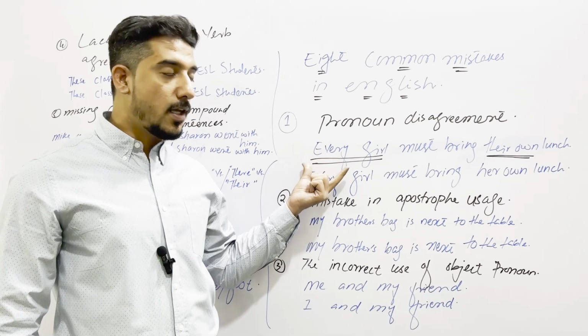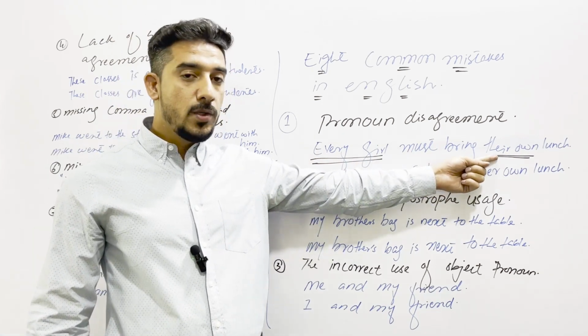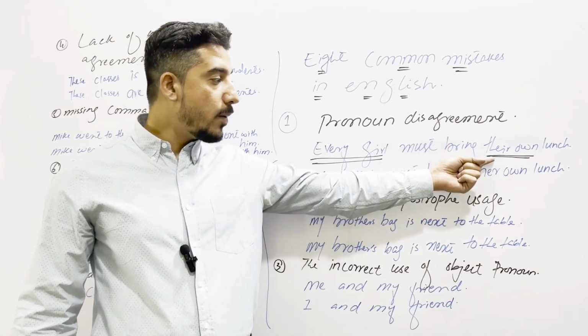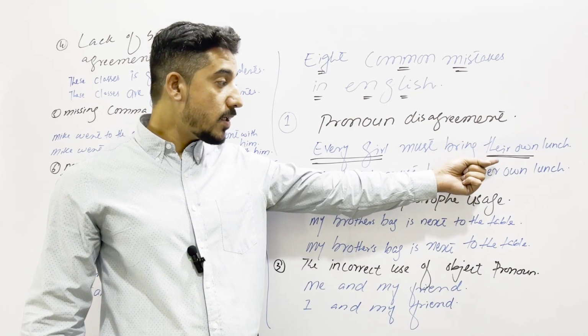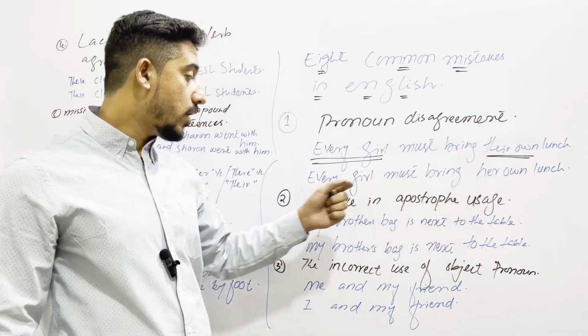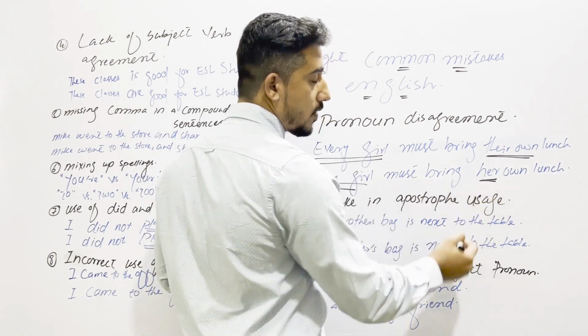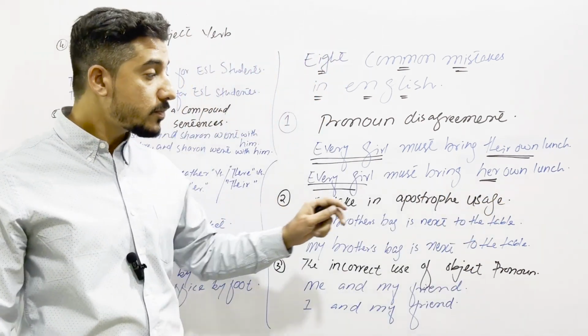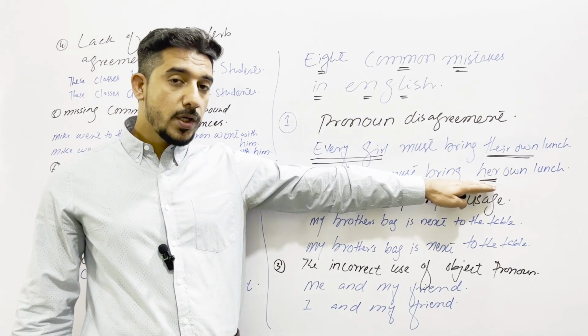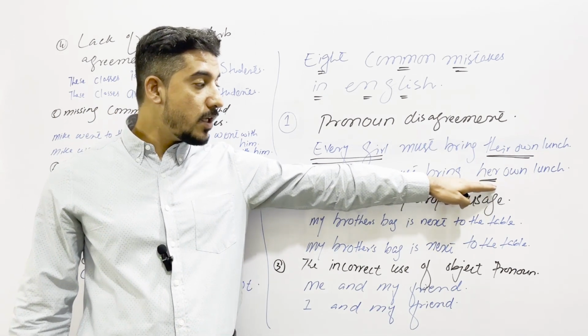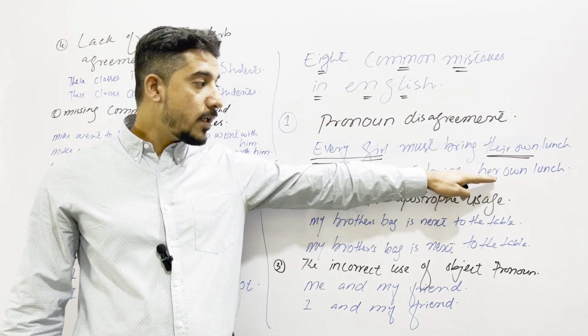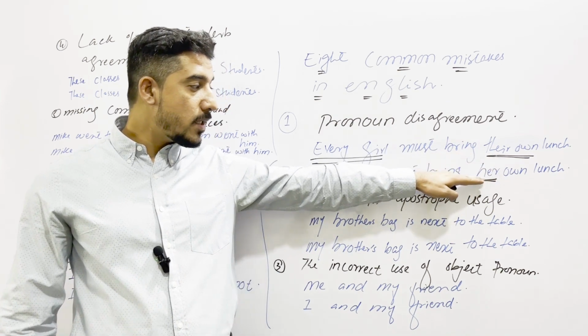Every girl is singular, here it is plural, so it is called pronoun disagreement. That's why you have to go with the singular noun with singular pronoun.